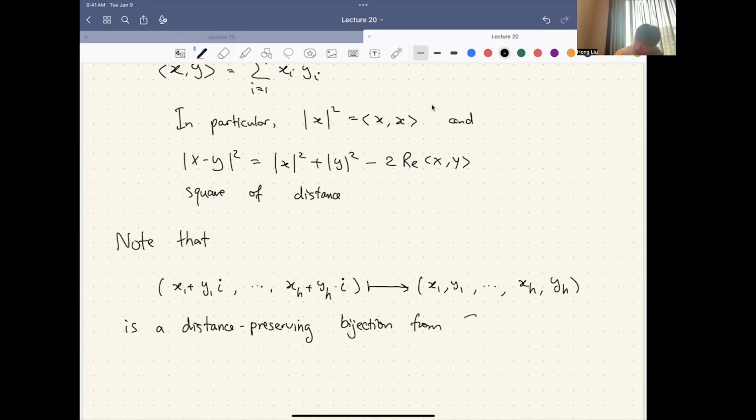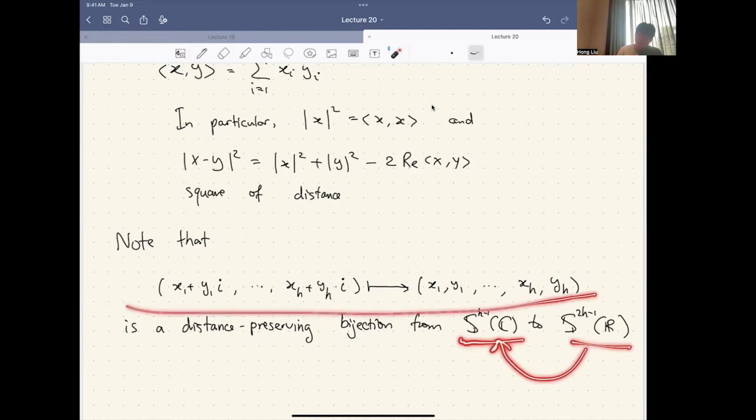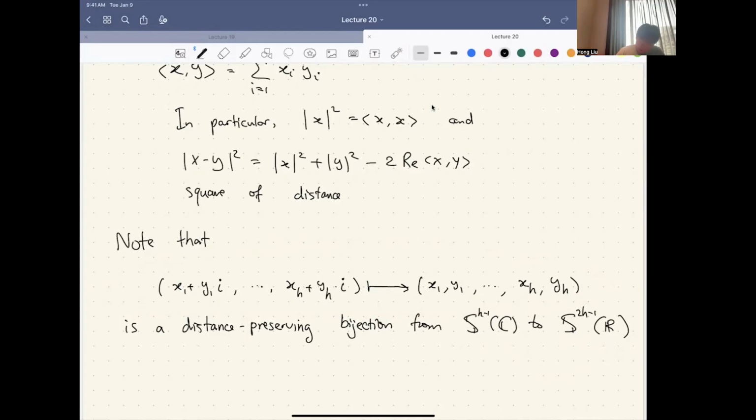From the h-dimensional complex sphere to the 2h-dimensional real sphere. Then all those counterintuitive, interesting properties of high-dimensional real spheres actually also extend to the complex sphere thanks to this isometry.